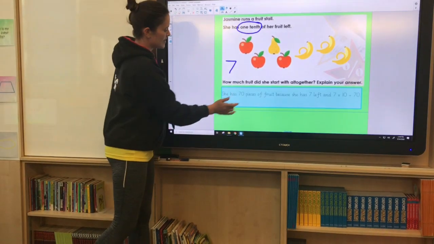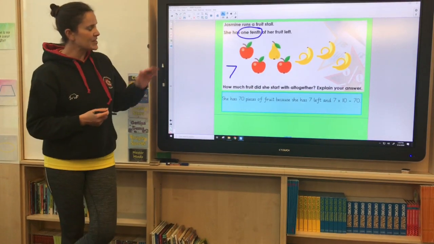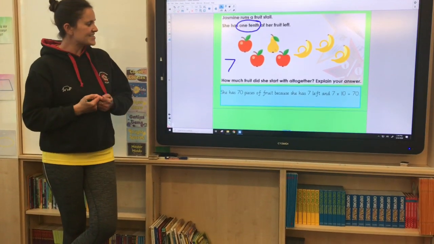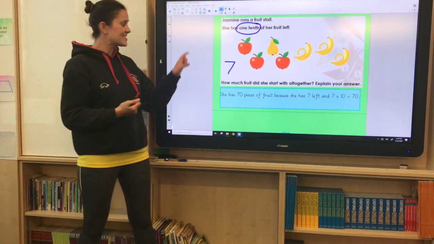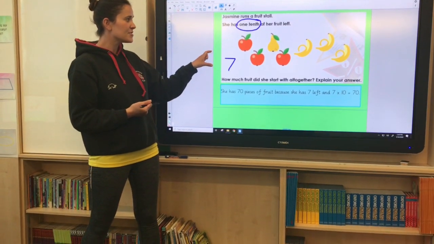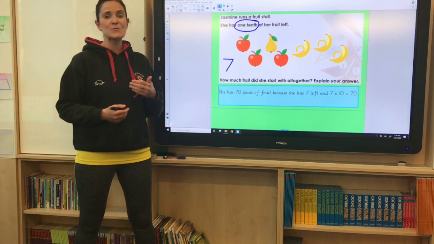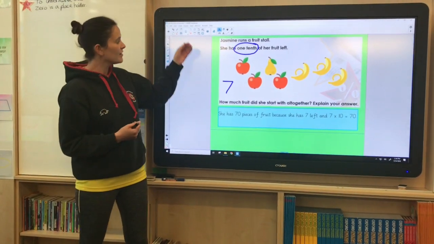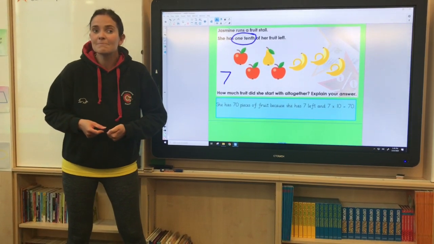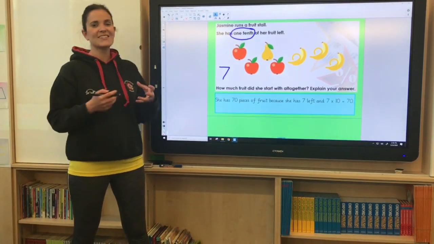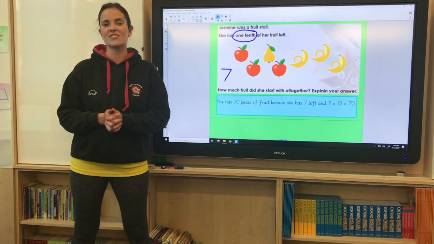So, underneath here, at the beginning of the day, she had 70 pieces of fruit because she has 7 of them left. And if I use my knowledge of vocabulary and I multiply 7 by 10, then I know that she had 70 pieces of fruit at the start of the day.